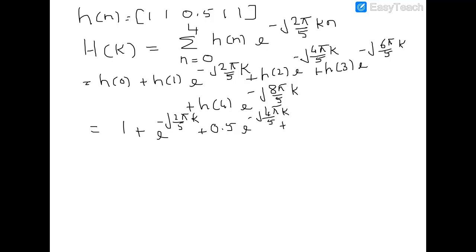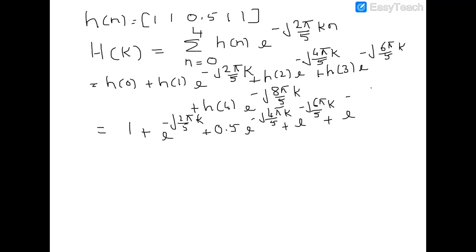H of 3 is 1, e to the power minus j 6 pi by 5 k, plus h of 4 is also 1, e to the power minus j 8 pi by 5 k. Let us put the values of k 0, 1, 2, 3, 4 and try to find out.